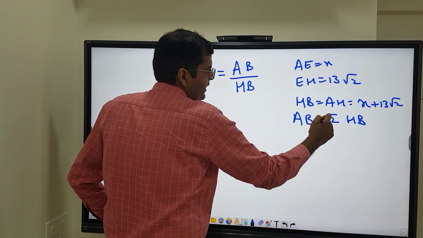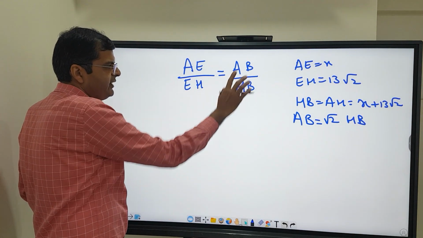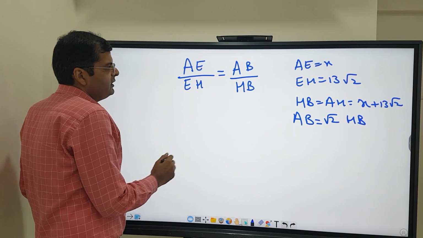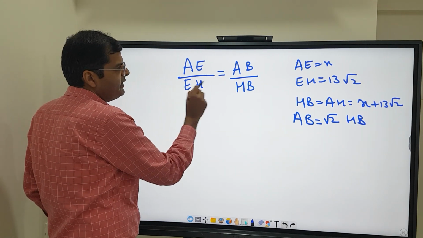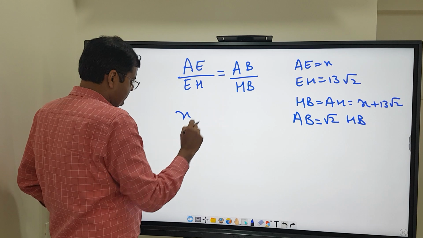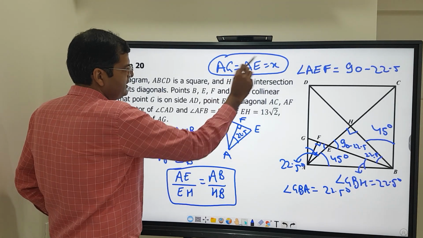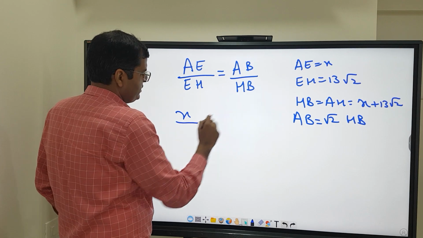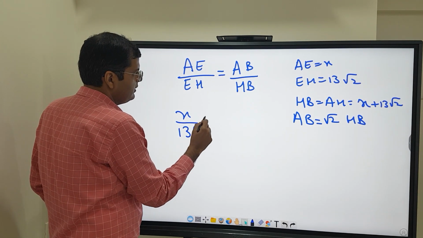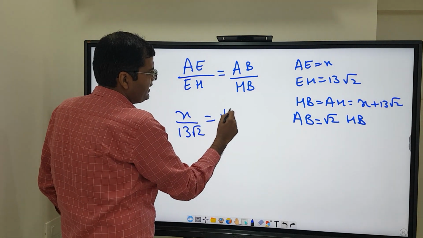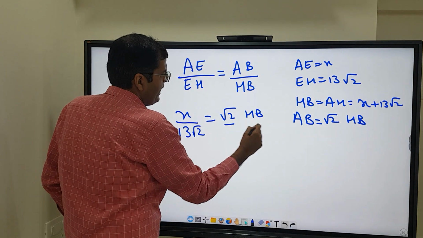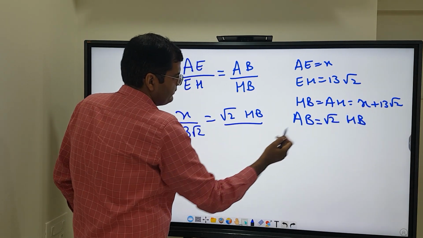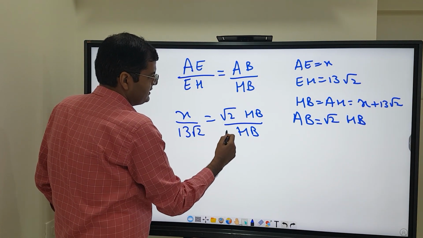I can plug this value in, or just leave it as it is, because we have to figure out the ratio ultimately. So X upon EH, which is 13 root 2, is equal to AB upon HB, which is root 2 into HB upon HB.